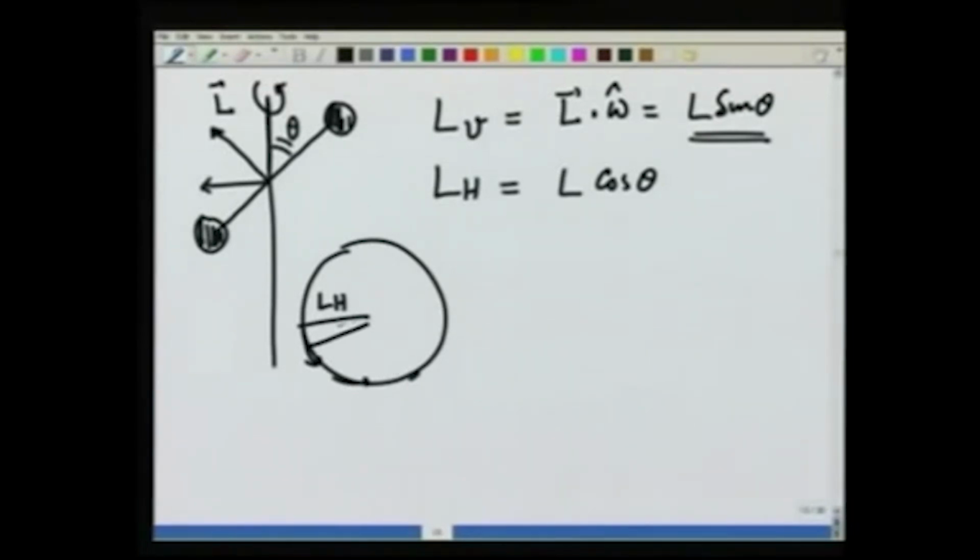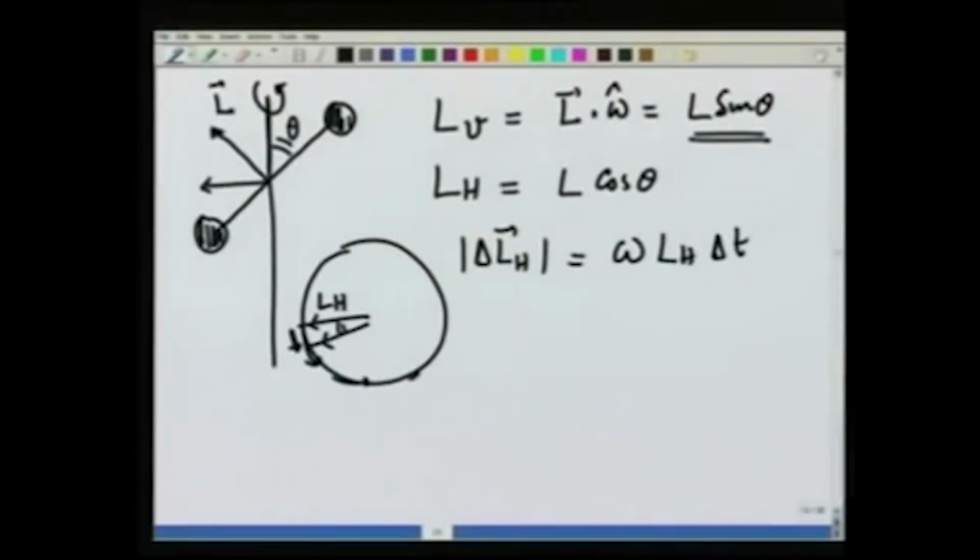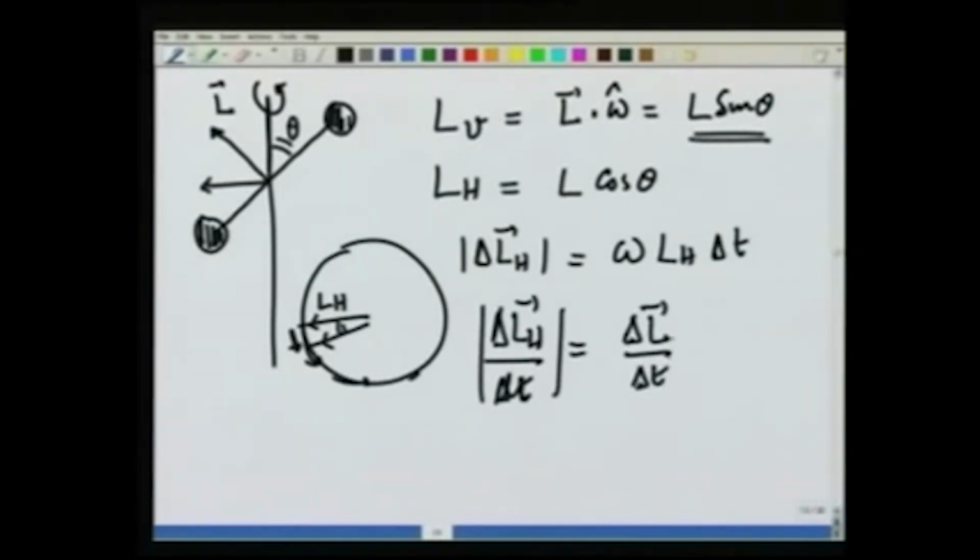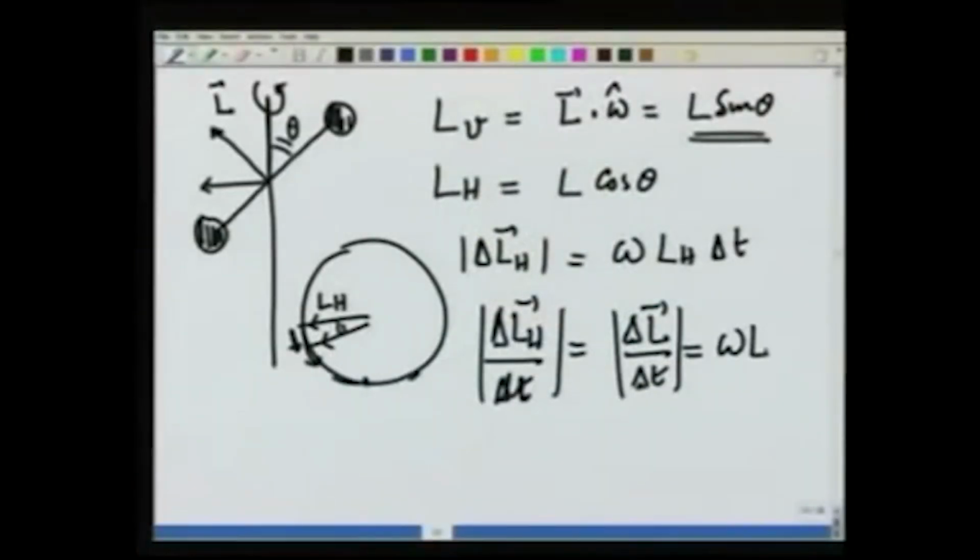This is the horizontal component L_H, and it is rotating like this. So at any given time, the small change in the vector is going to be this way, and this is going to be equal to the rate of rotation omega, that is a component perpendicular to omega, so it is rotating with omega, L_H delta t, and therefore delta L_H over delta t magnitude is going to be the same as delta L over delta t magnitude, because it is only the horizontal component that is changing, and this is going to be omega times L horizontal.